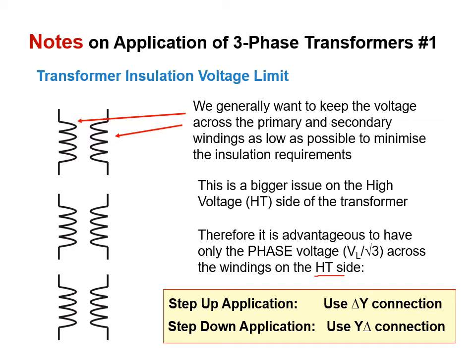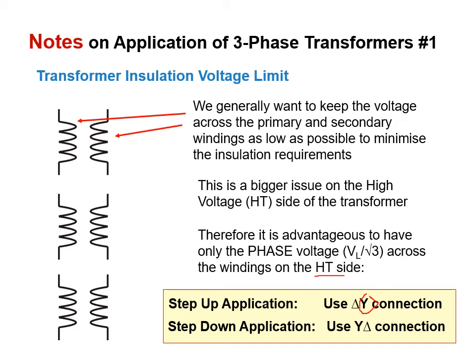By high tension I mean where we have the higher voltage. So you see we have a delta-Y configuration. Why is that? Because we're dividing the line voltage by square root of 3, so the phase voltage will be reduced on the Y side, on the high tension side.